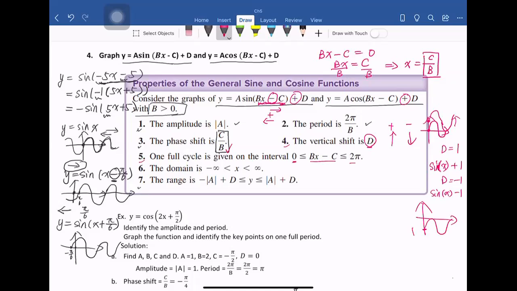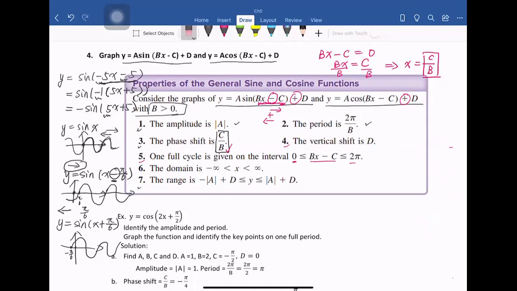What we have learned before is that for the sine of x, one full cycle is from 0 to 2 pi, so x is between 0 and 2 pi. Right now, this one changed to bx minus c.